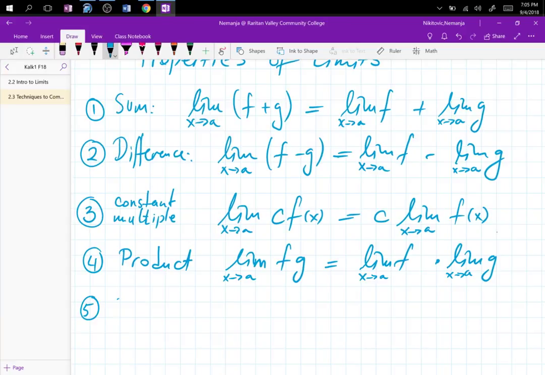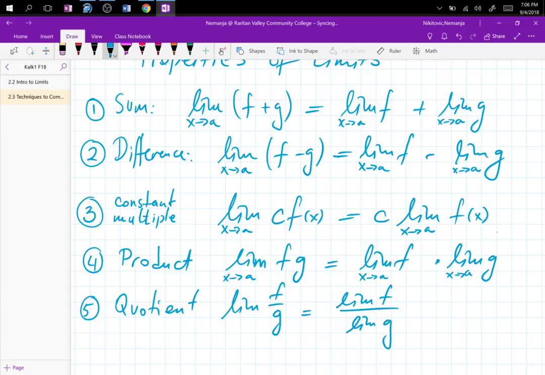Number 5, quotient. So quotient, you divide 2 functions, you can actually divide the limits.